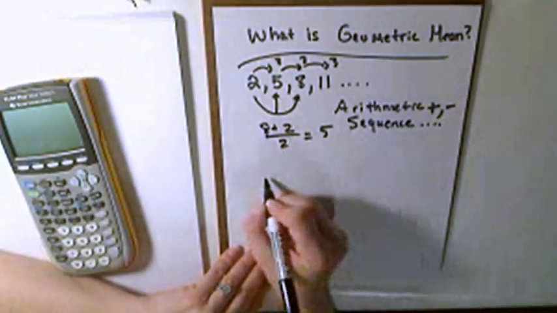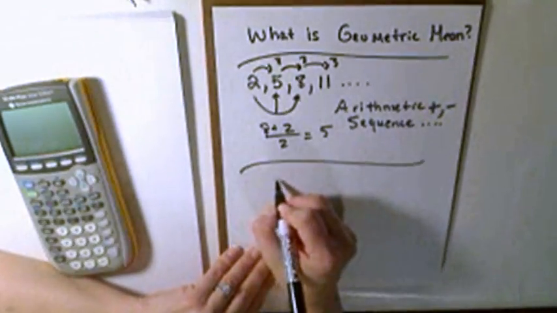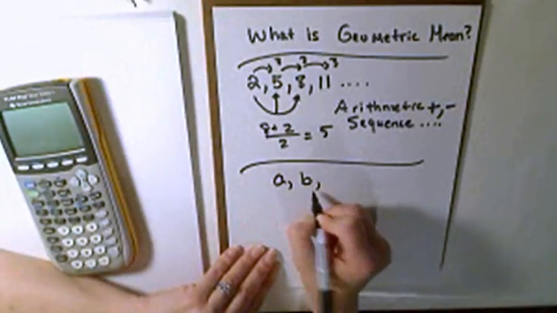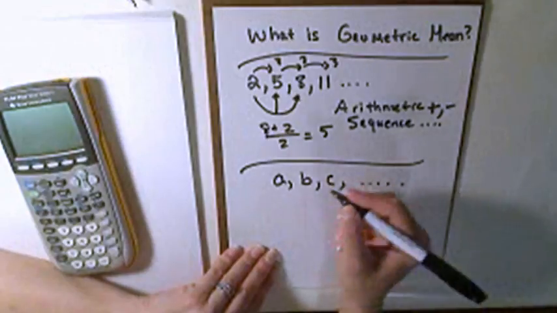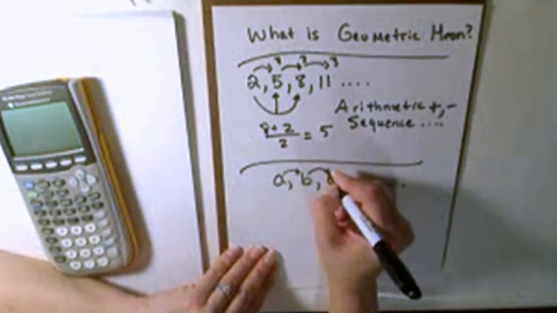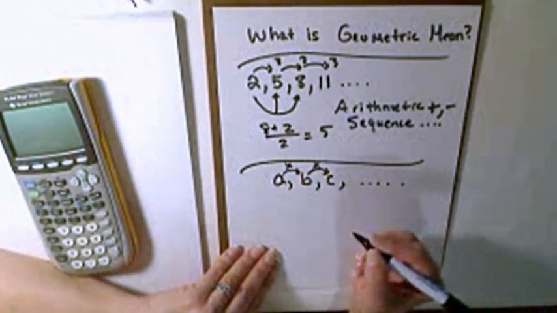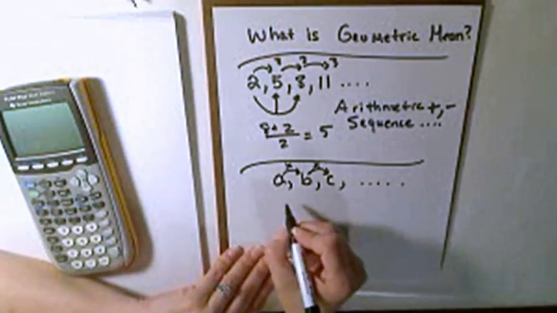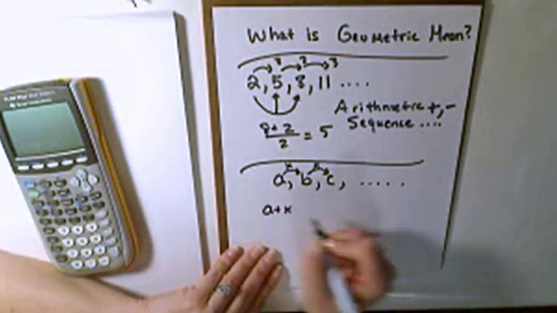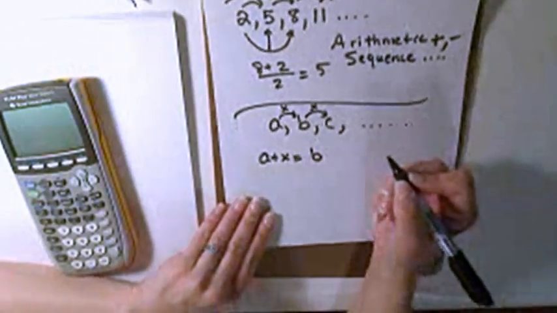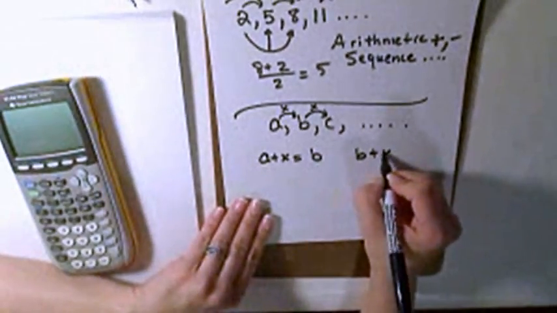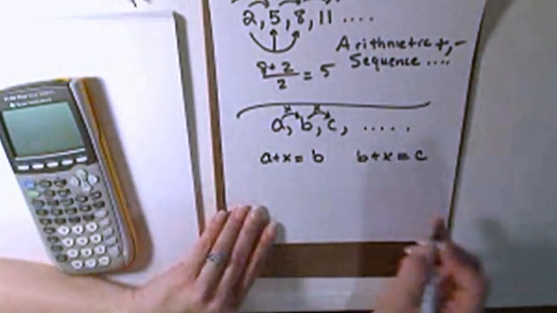So generally speaking, if you have an arithmetic sequence, A, B, C, and so on, and our common difference, or the number that gets added every time, is, let's say, x, we know that A plus x equals B, and B plus x equals C.